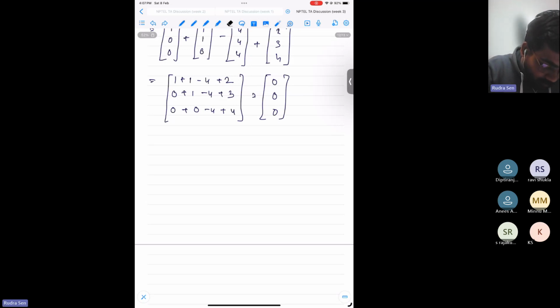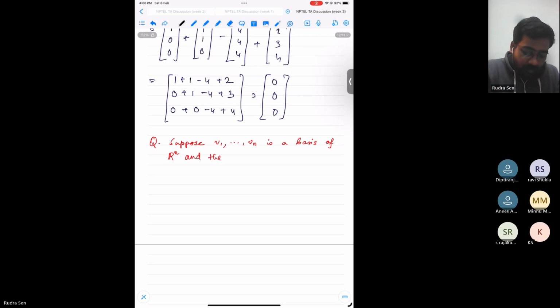So the question is, suppose V1 up to Vn is a basis of Rn, and the n by n matrix I'm considering, that matrix A, is invertible.